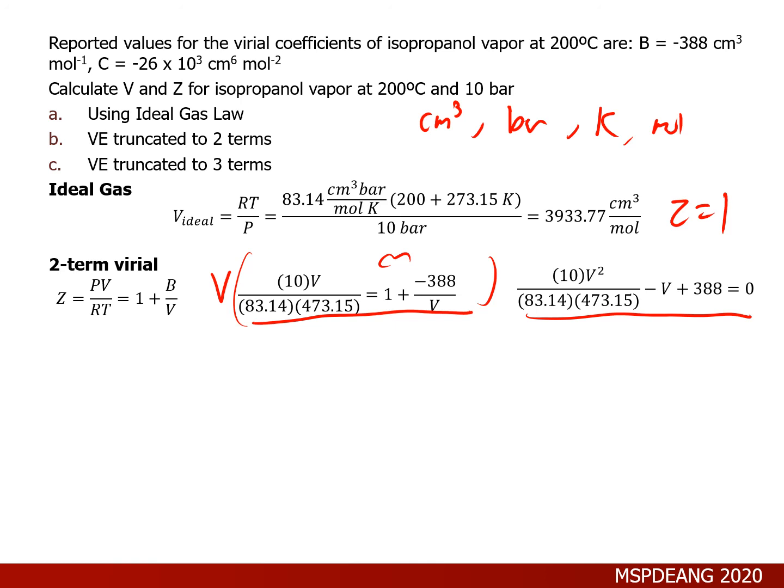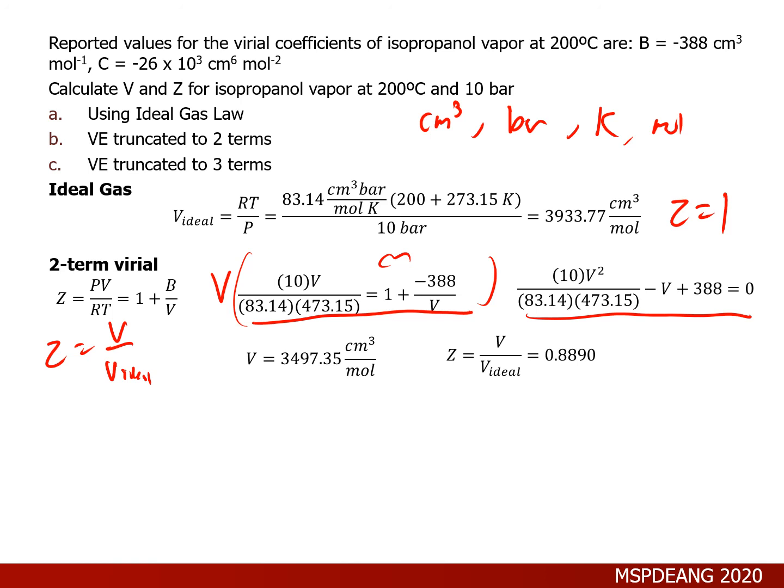Solving the quadratic equation and getting the correct root, you can get V equal to 3497.35 cm cube per mole. To get Z, Z is equal to V over V ideal. So 3497.35 divided by 3933.77 gives us the actual compressibility factor of 0.8890.